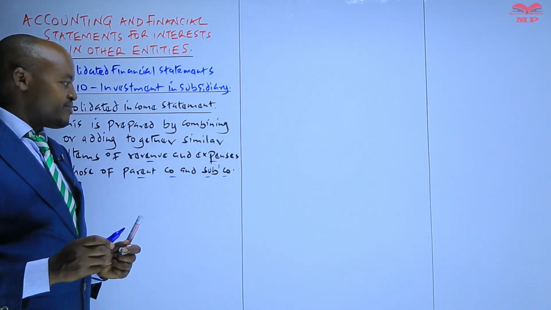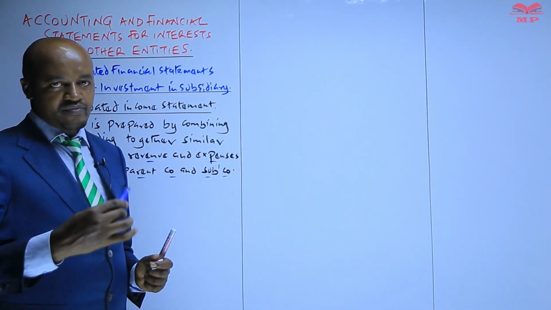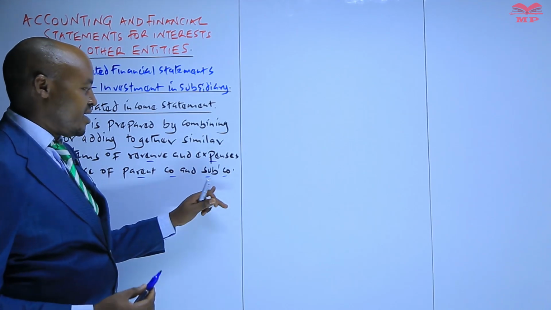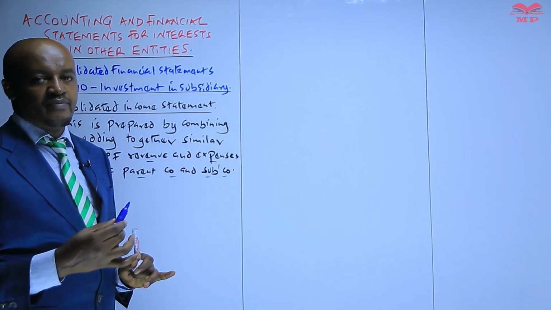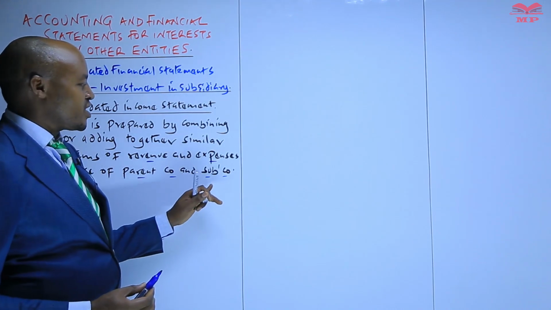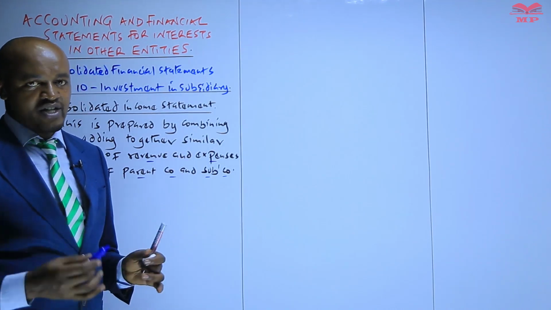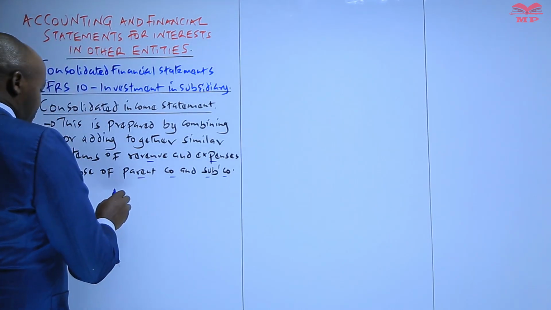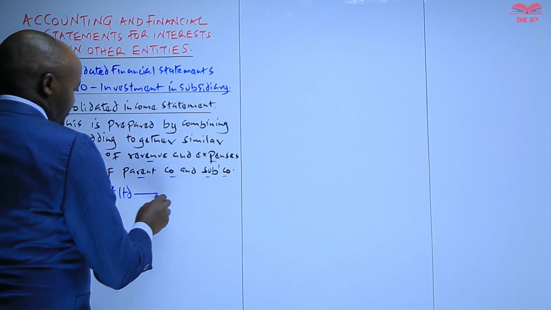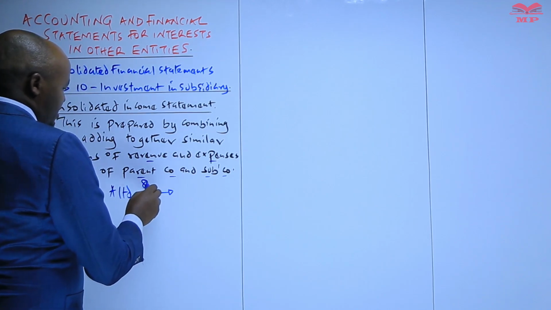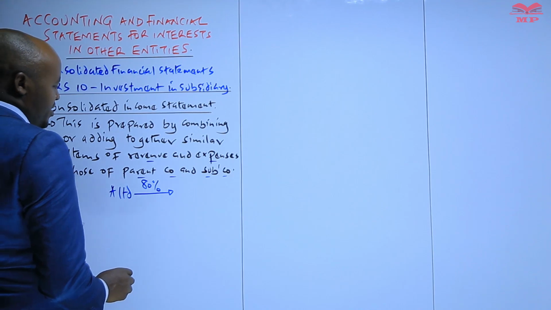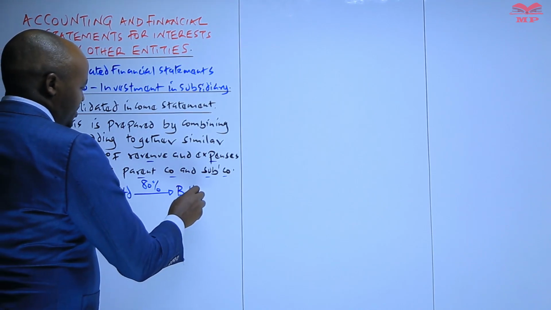And also it is very important to note that when taking into account the items of revenue and expenses of the subsidiary, we take 100% of those particular items, even if the parent company does not have 100% shareholding. Let's assume we are told that A Limited acquired 80% of the issued equity or ordinary shares of B Limited.